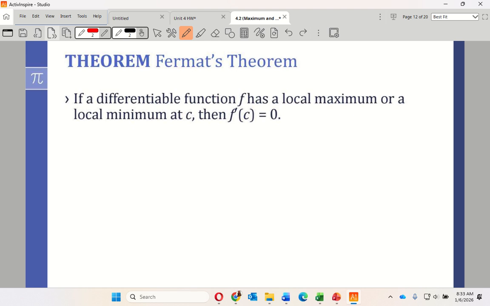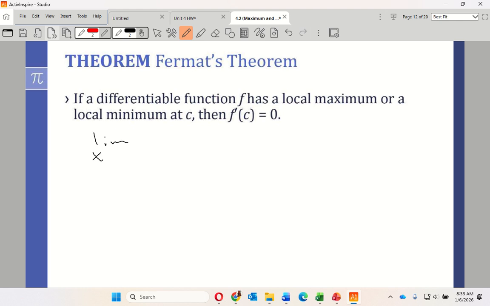Now, if I could take a derivative, let's go back to our definition. For the derivative, what has to happen? Let's go all the way back to unit 1. Very good.